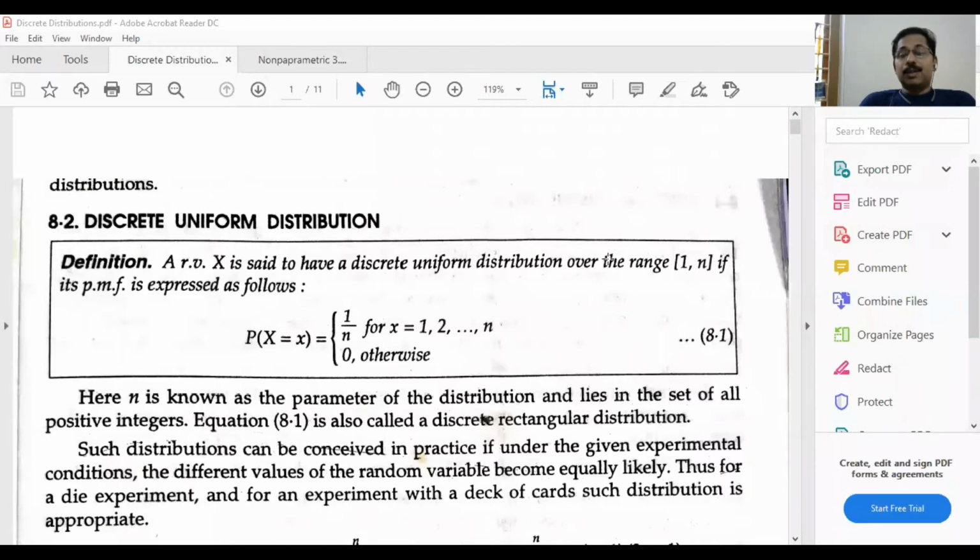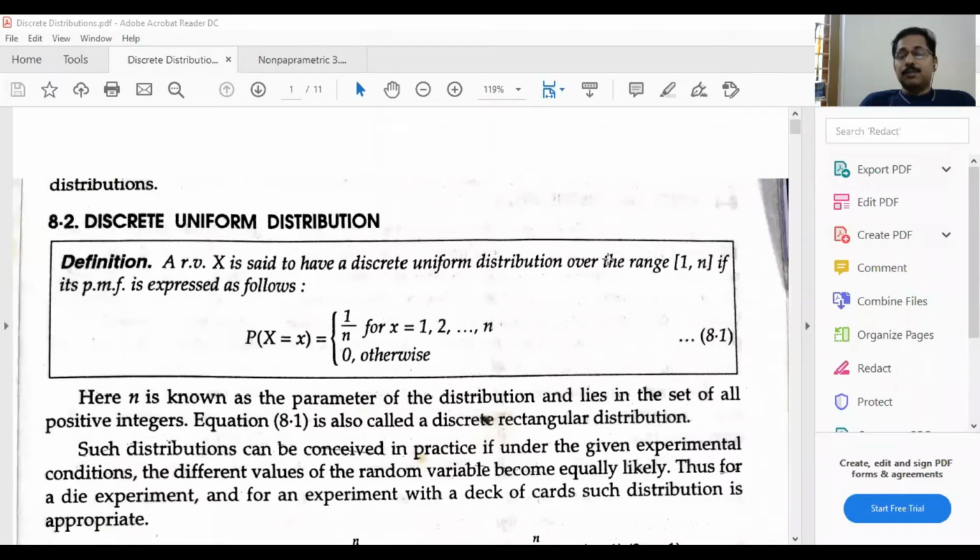If it is 0, what happens? 1 by 0 violates the properties of a probability function; it may be infinity. So x will not take the value 0 or infinity. These are finite values, 1 up to n. And the distribution takes the value 0 otherwise.